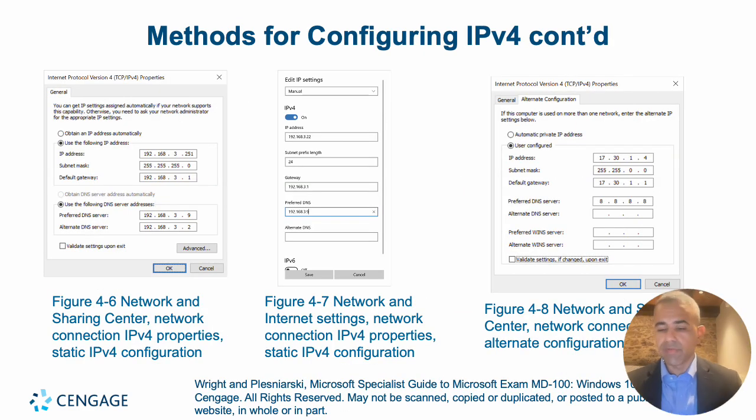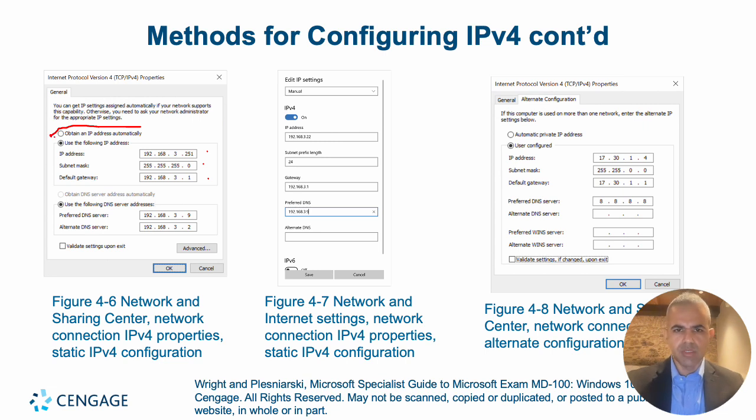Okay. Different ways of assigning a static IP, Windows being the super flexible operating system. You can right click on the Ethernet adapter and be able to assign the IP address. You can assign the subnet mask. You can assign the gateway. Or you can click here and you can have DHCP.